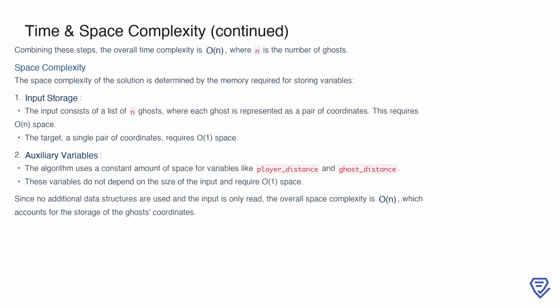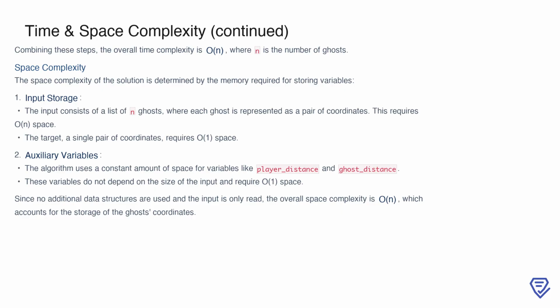of ghosts. Now, looking at the space complexity, the memory usage is primarily determined by the input and a few auxiliary variables. The list of n ghosts, where each ghost is represented by a pair of coordinates, requires O(n) space. The target coordinates are a single pair, so they require only O(1) space.